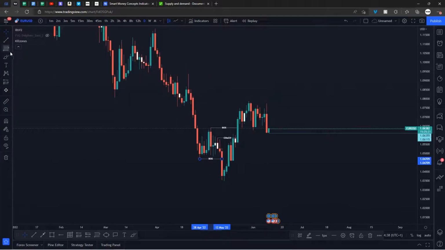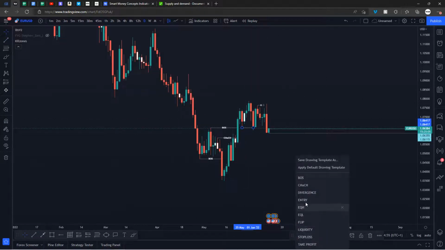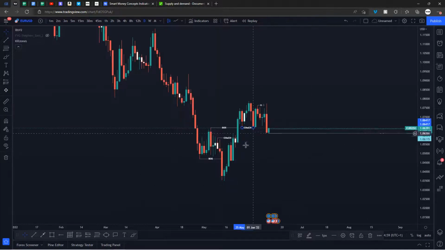And we've potentially had a sweep of liquidity along with a daily change of character and a daily break of structure.